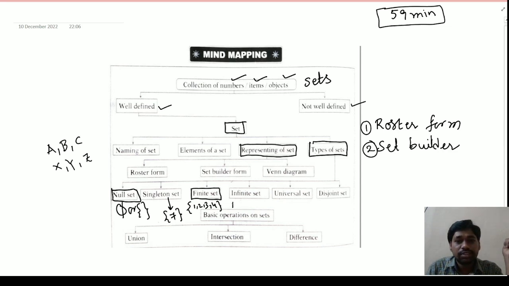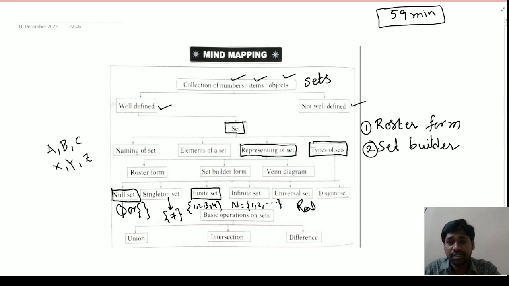A set having no countable number of elements, like the set of natural numbers, is an infinite set. A set consisting of all the sets under consideration is called a universal set. Like in the number system, the real numbers form the universal set.